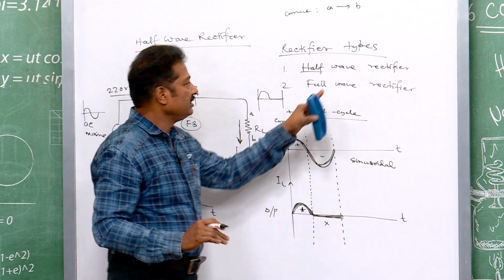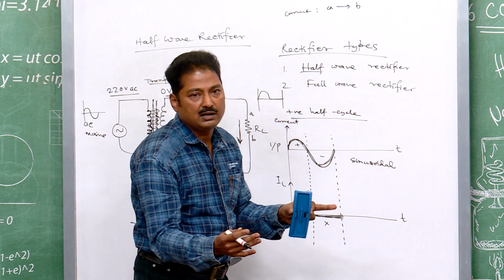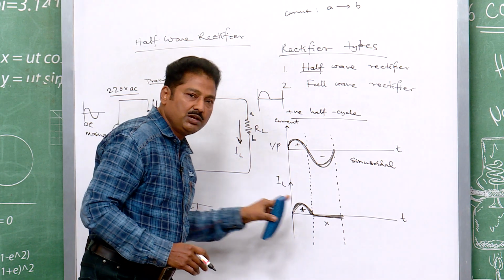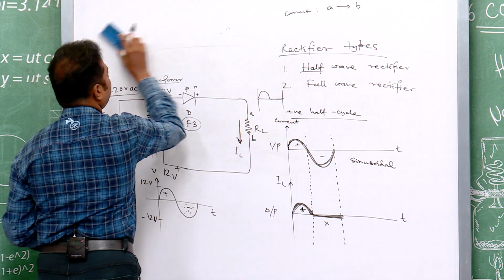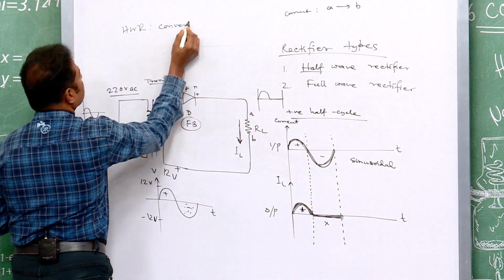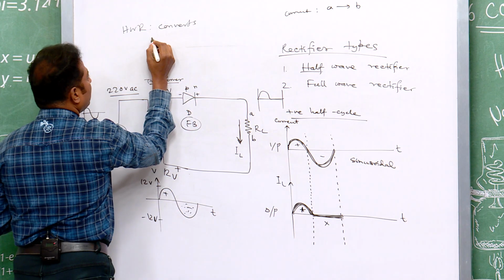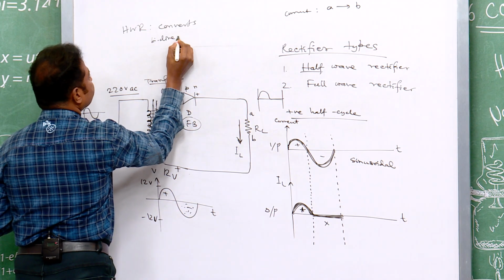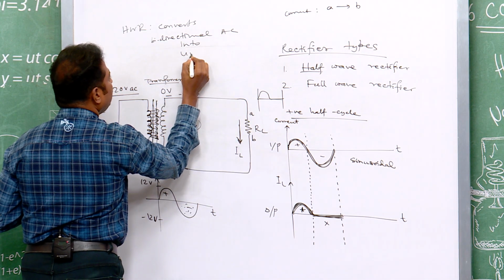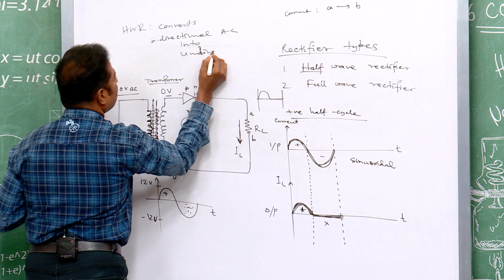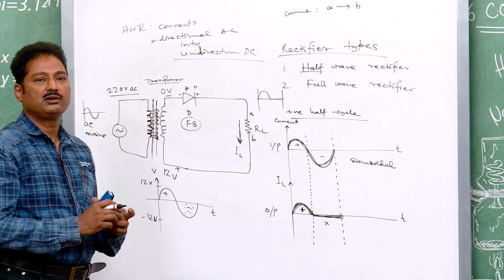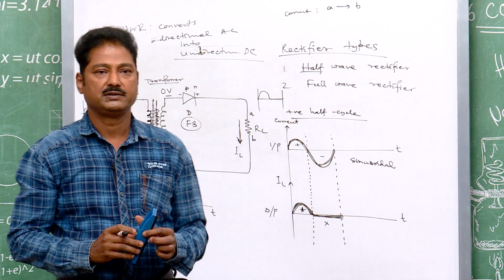That is how the half wave rectifier converted the AC signal into unidirectional signal. Half wave rectifier converts bidirectional AC into unidirectional DC. So, this is what your half wave rectifier is.